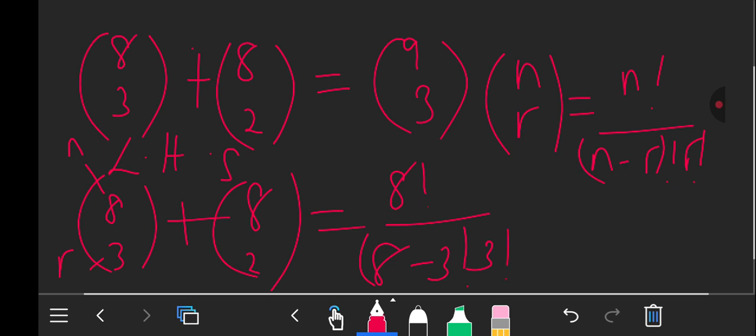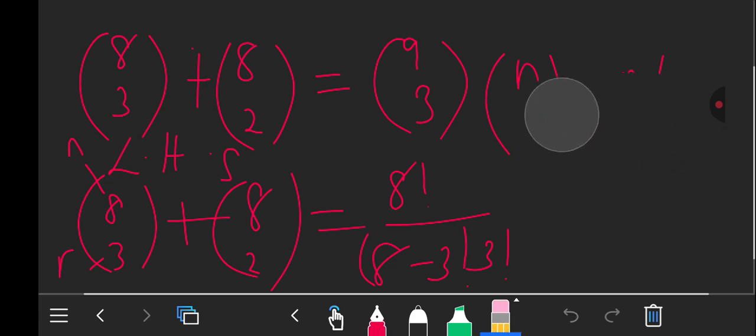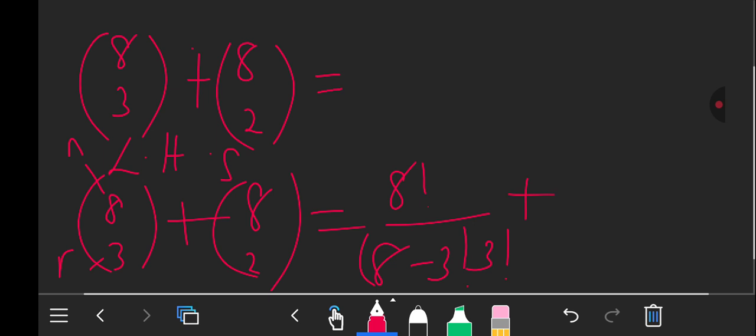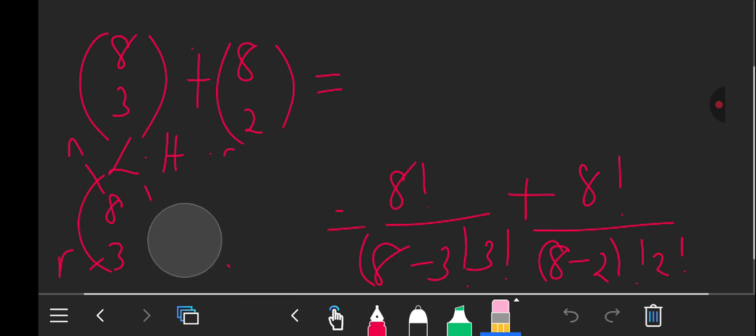Then we come to 8 combination 2. So this will be equal to plus 8 combination 2. It is 8 factorial over 8 minus 2 factorial, then 2 factorial.